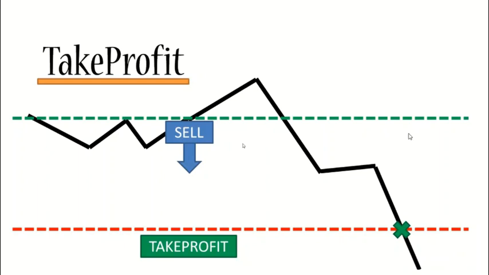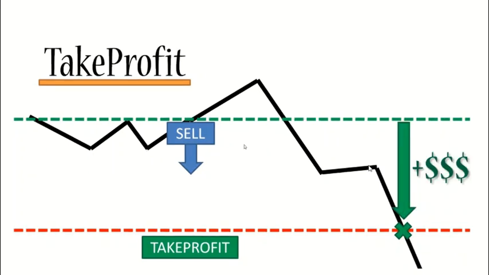Now when it hits your take profit, this is a take profit being triggered. If you see the X here at the bottom, this is the area where your take profit will be triggered, and this is where you will be exited from the trade, and you will get to keep whatever amounts you would have made in this trade.